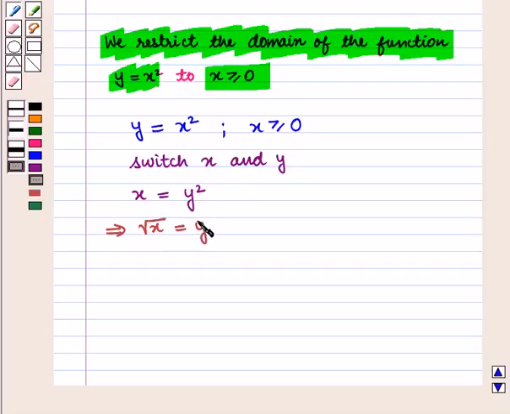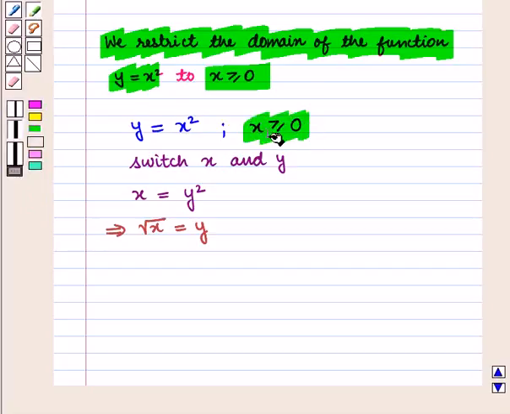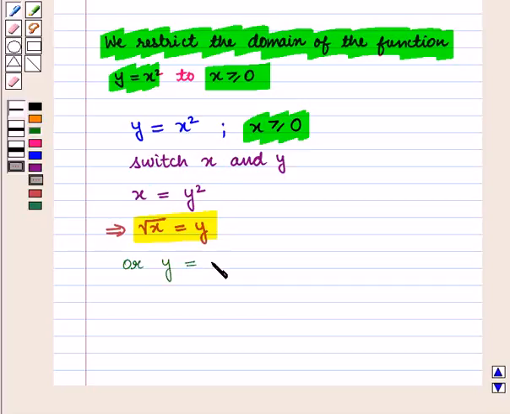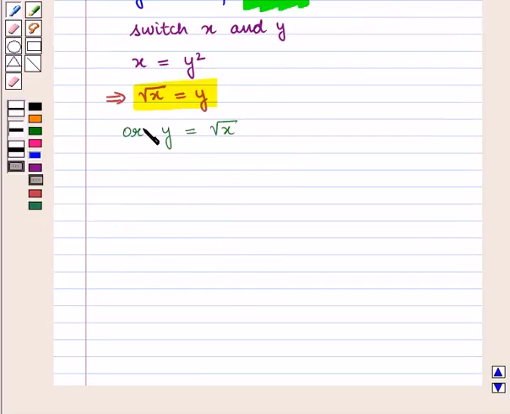See, since we have taken the value of x as greater than or equal to 0, we will not take the value of y as plus minus square root of x. We have taken only the positive square root of x. We can write this equation as y is equal to square root of x.